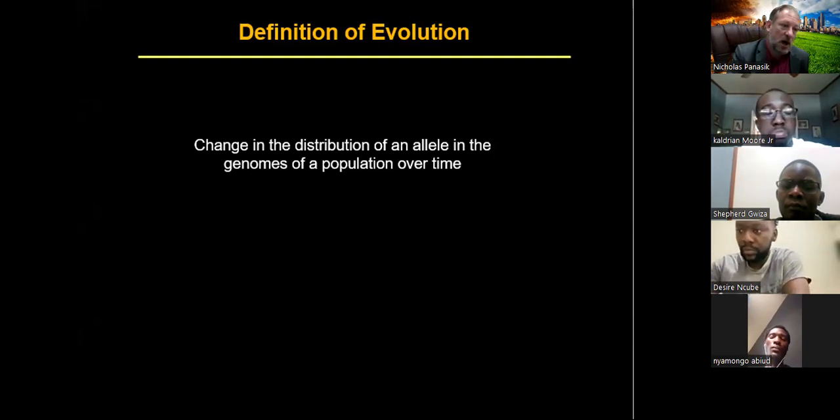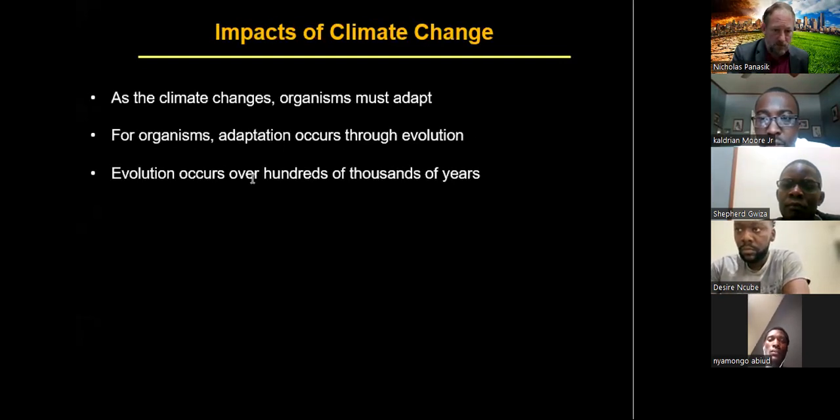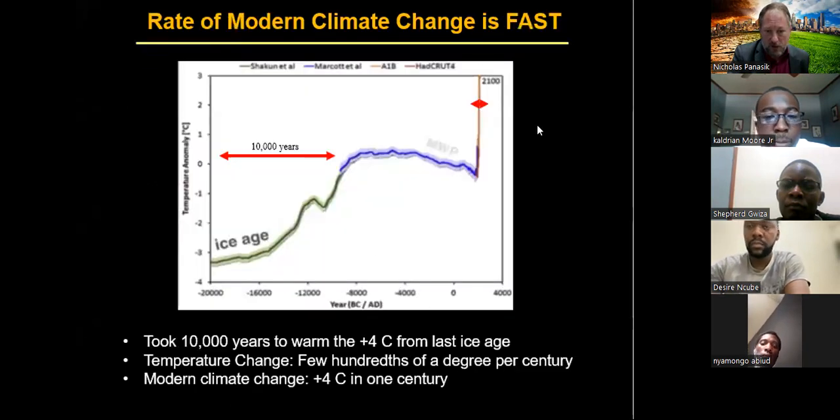Okay, so another thing we have to talk about a little bit is how long this process of evolution takes. Remember that we looked at this graph last time.